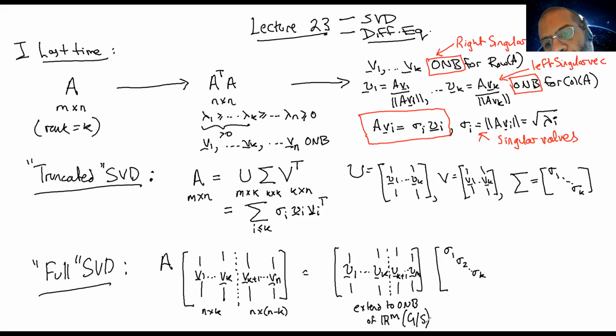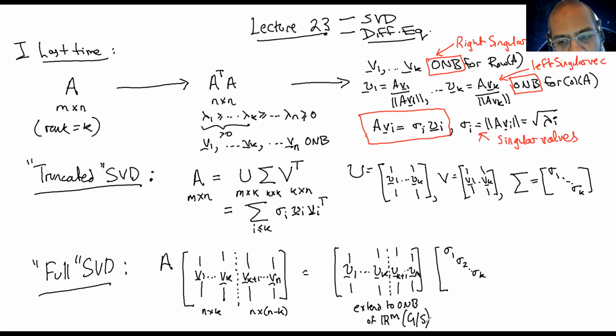If I have an orthonormal basis for a subspace of Rm, and now I want to extend it to all of Rm, well, I can choose some basis for the orthogonal complement and run Gram-Schmidt on that. And then I'll get an orthonormal basis for the whole thing.